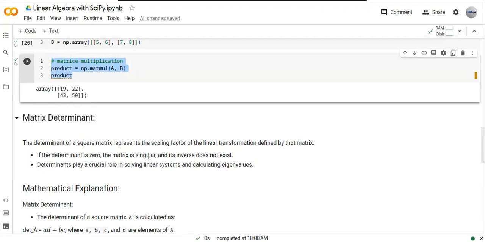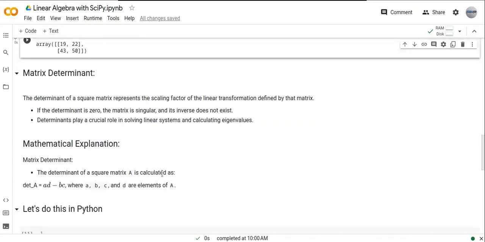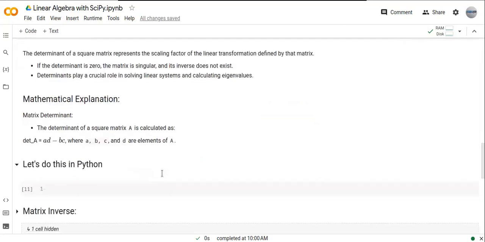The determinant plays a crucial role in solving linear systems and calculating eigenvalues, so it is very essential. We can calculate determinants using the SciPy library, which provides a powerful function for calculating the determinant of a square matrix.